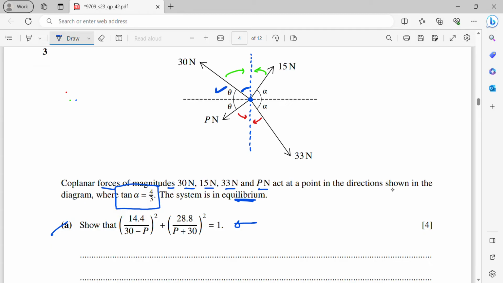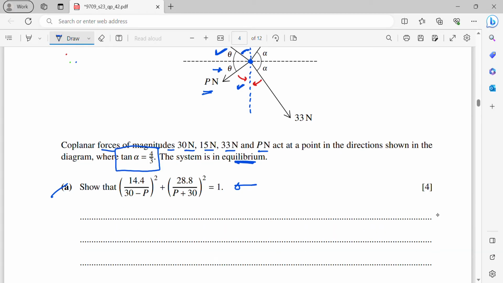So when you use the alternate angle, that is sine. Okay, remember that. Same for the P newtons. I should use this red angle, but the red angle is not given, so I'm going to use the alternate angle, which is theta, then I'm going to use sine. So when I resolve all these four forces, it will be sine of the given alternate angle. Okay, so now I will resolve vertically.